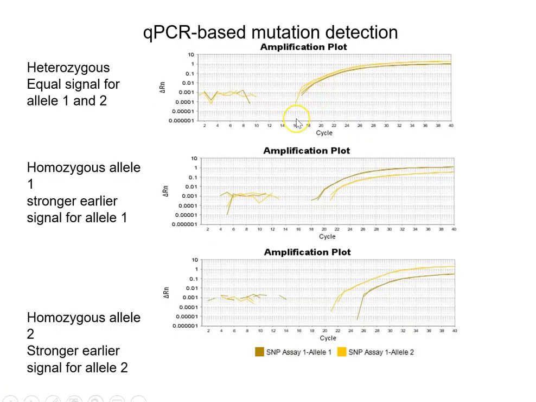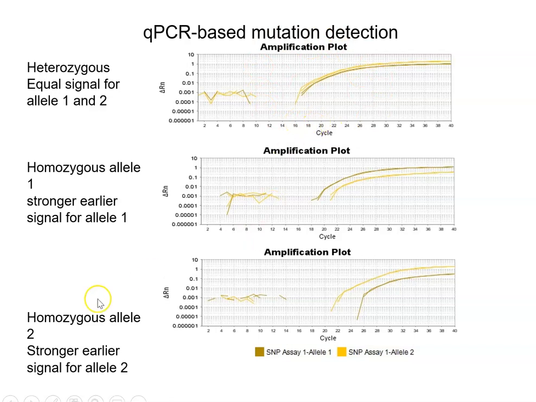So here are some quantitative PCR based mutation detection amplification curves. You've covered quantitative PCR in the past, you should have seen amplification curves. You should know that we draw a line across here at an arbitrary threshold and draw a line down to get the CT value. What we are doing here is analysing heterozygous DNA for a particular marker.